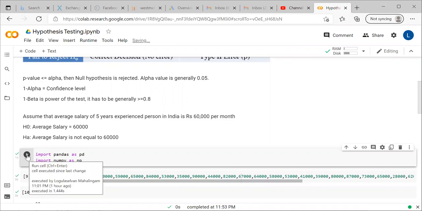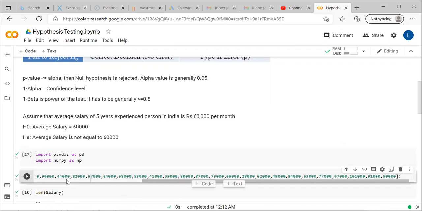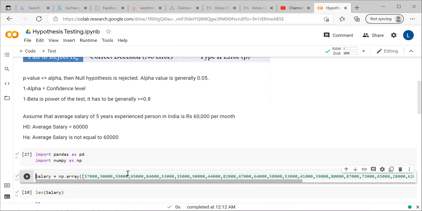So for that, we are going to import pandas and NumPy. And there is some sample. For the sample, you ask someone and note their salary, and you create that as an array. So you can go and ask some people whose experience is around 5 years, and you make the data available, which is the sample, because you can't ask everyone who has 5 years experience across India.